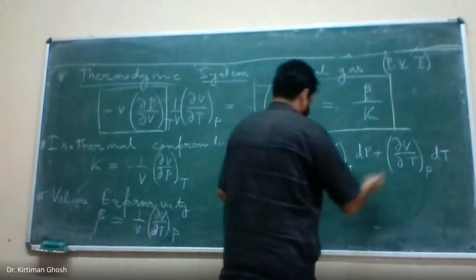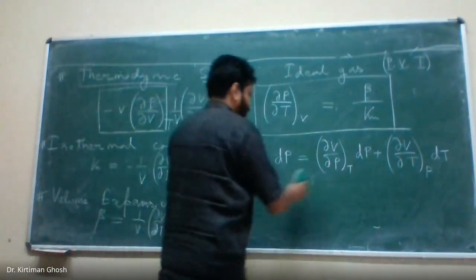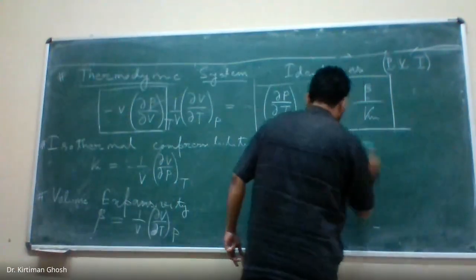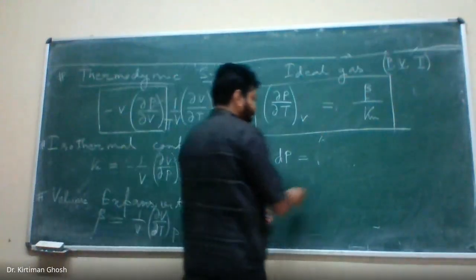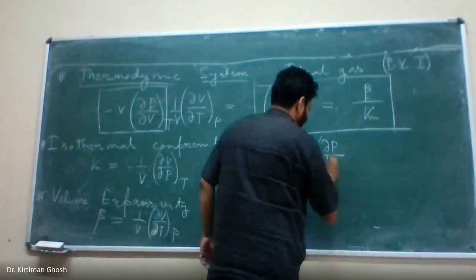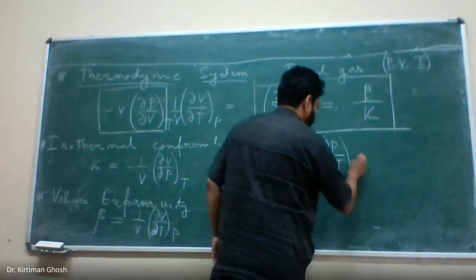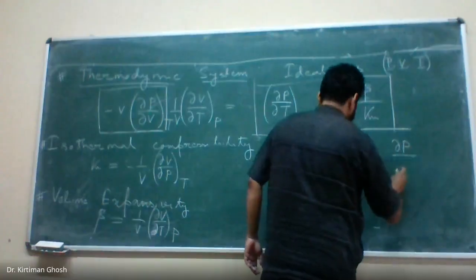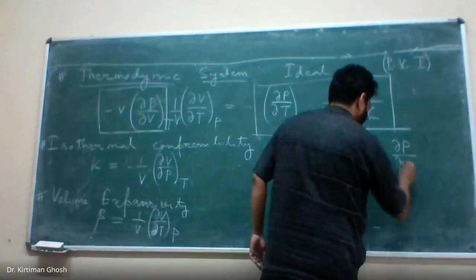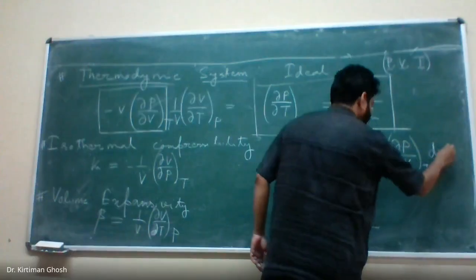So pressure is a function of volume and temperature. So dP equals (∂P/∂T) at constant volume dT plus (∂P/∂V) at constant temperature dV.